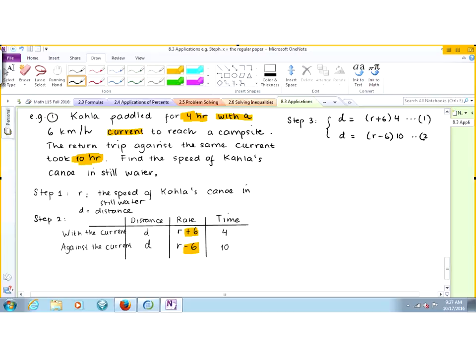All right. Okay. So what are we going to do? Are we going to use elimination or substitution here? Substitution, right? Yes. So substitute d is equal to r plus 6 times 4 to equation 2.